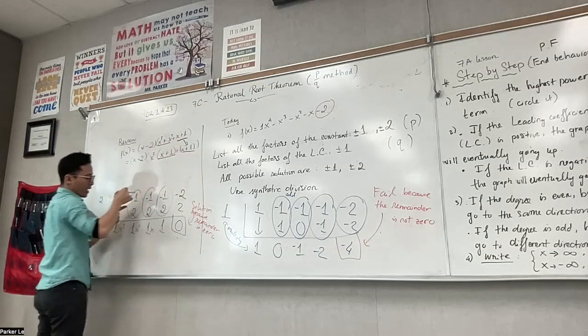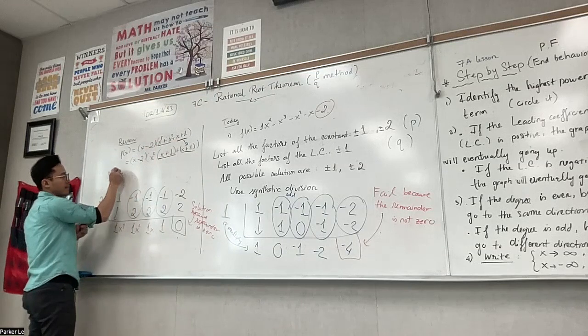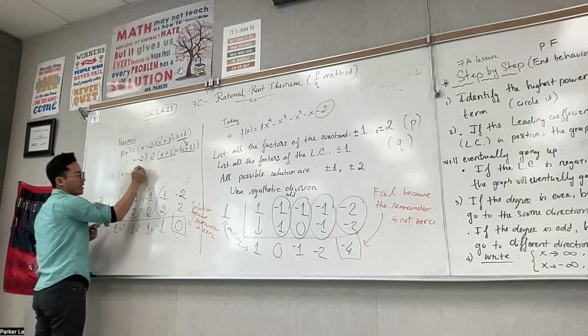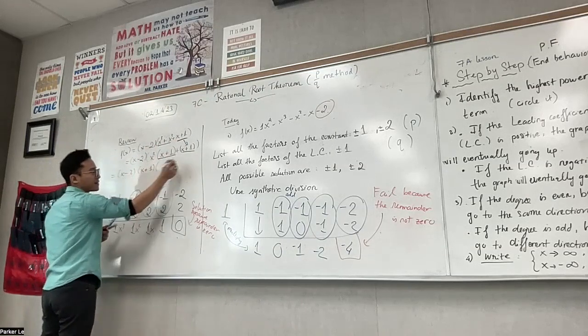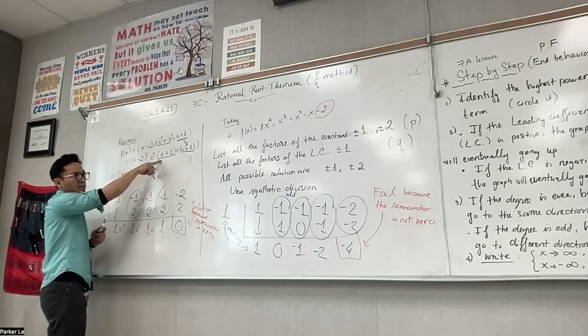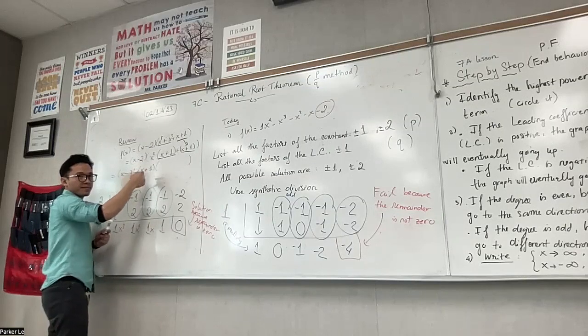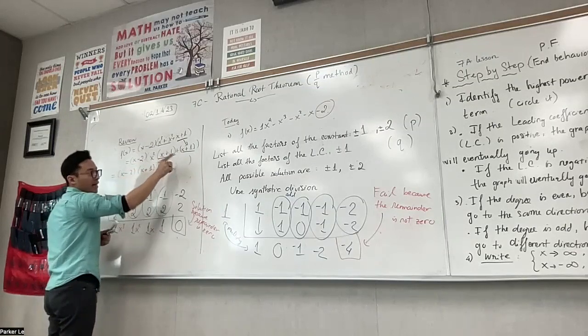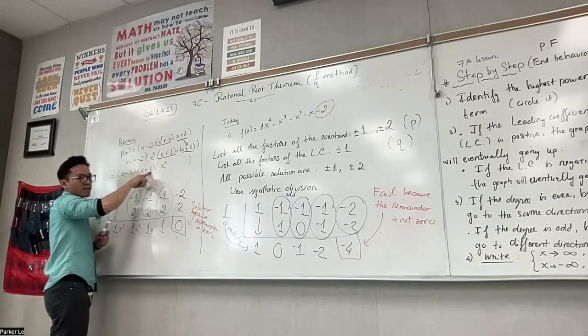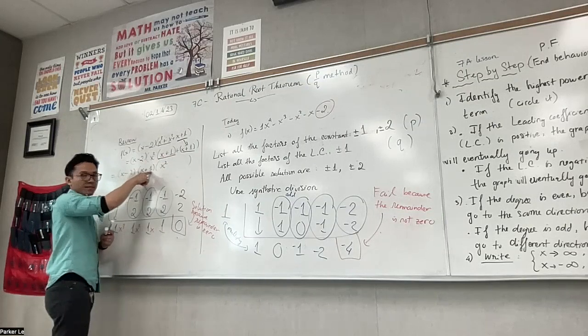Now I have a common factor x plus 1. I took out the x plus 1. What do I have left? X squared, x plus 1. I took out x plus 1. What do I have left? 1.